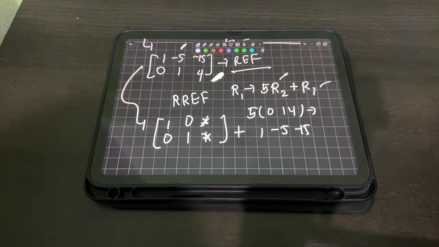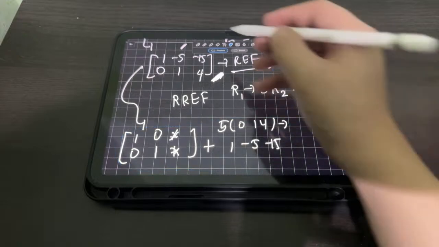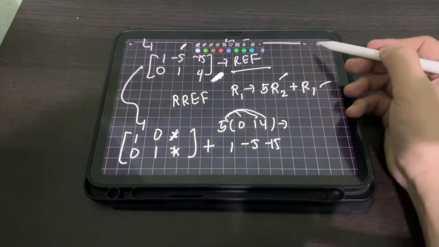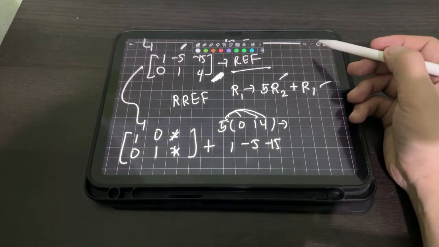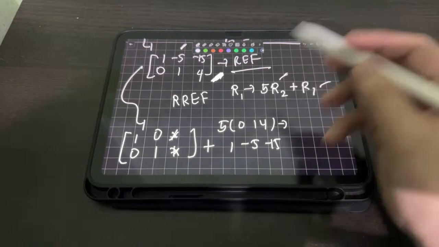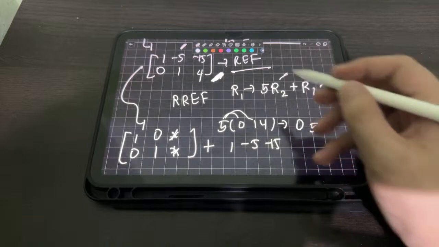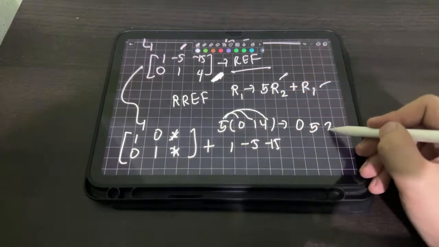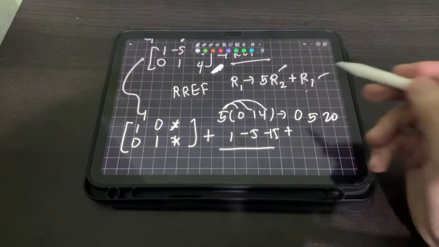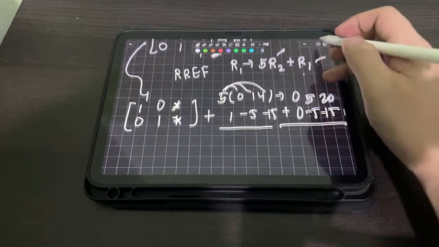So let's multiply first. 5 times 0, 0. 5 times 1, 5. Then 5 times 4, 20.